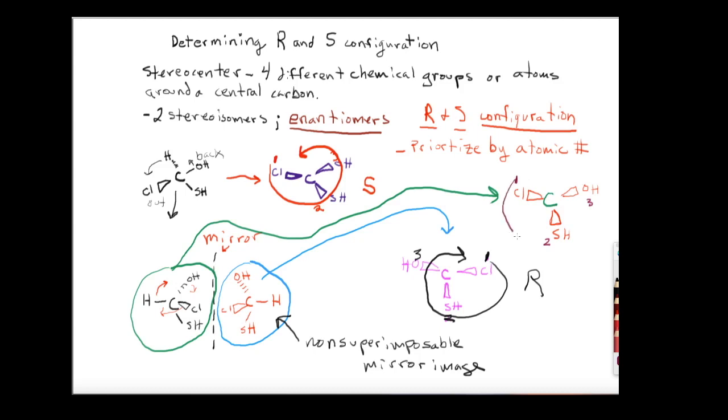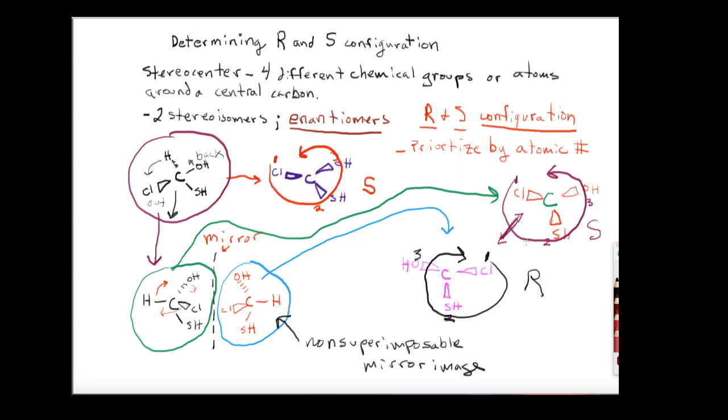So I go ahead and scroll around, and you can see clearly that it's counterclockwise. So this is the S. So going from this one to my mirror, I didn't change anything, and the mirror image was drawn correctly. So you can see that these two molecules are in fact enantiomers.